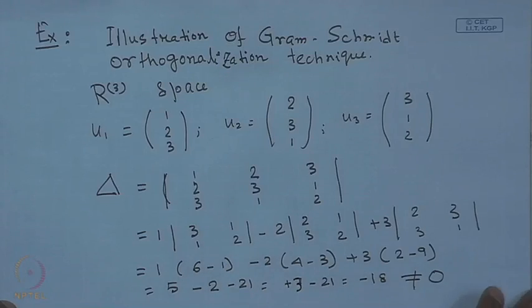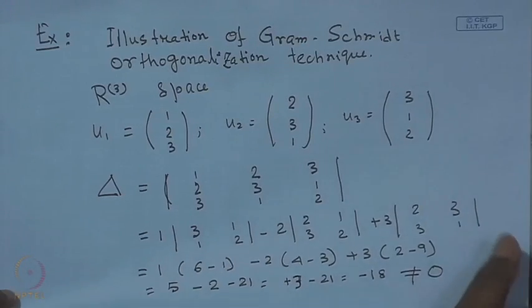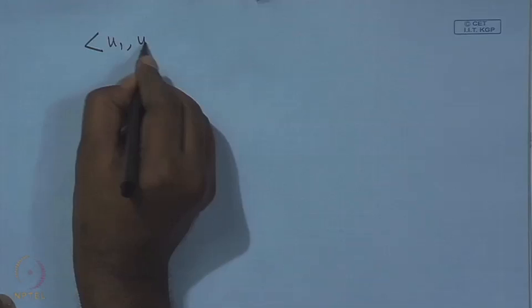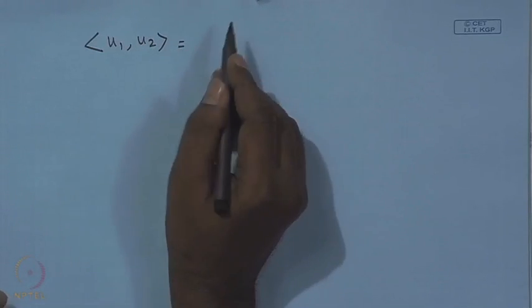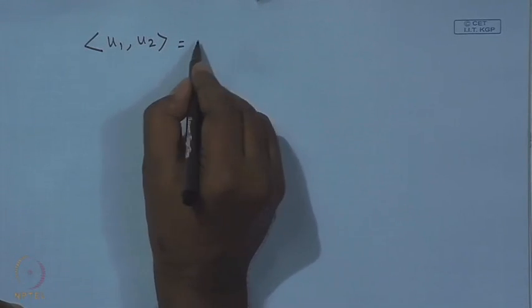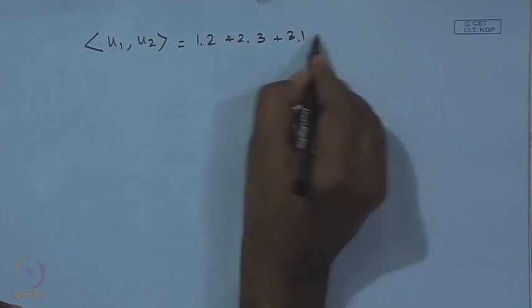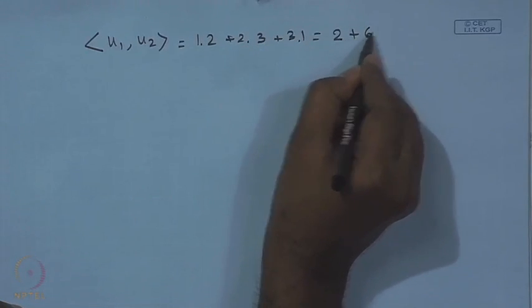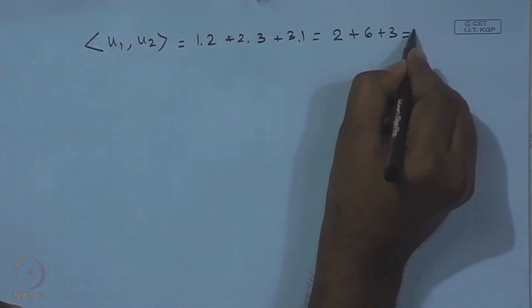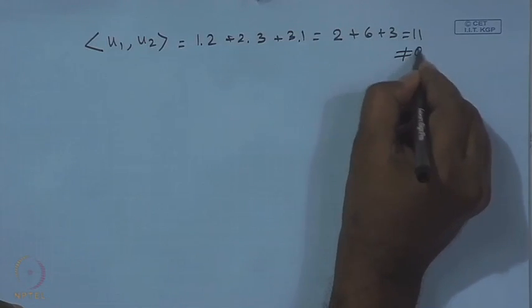Now, of course, if you take the inner product of these vectors, let us say u1 and u2, the inner product will be 1 into 2 plus 2 into 3 plus 3 into 1. So, this becomes 2 plus 6 plus 3 equals 11. This is of course not equal to 0.